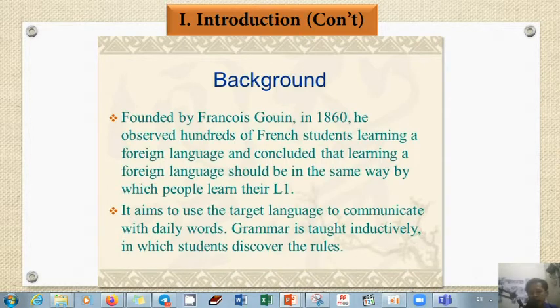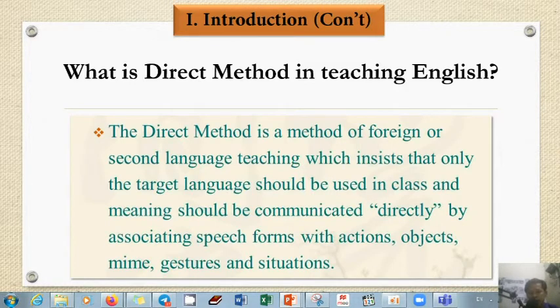Now let's move to the next one: what is the direct method in teaching English? The direct method is a method of foreign or second language teaching which insists that only the target language should be used. You know already that in the direct method we use the target language in the class, and the meaning should be communicated directly.